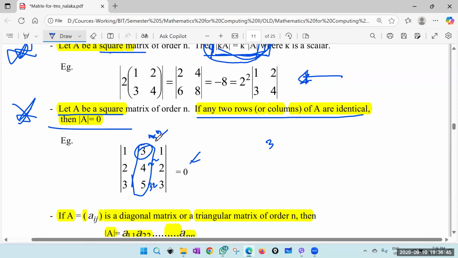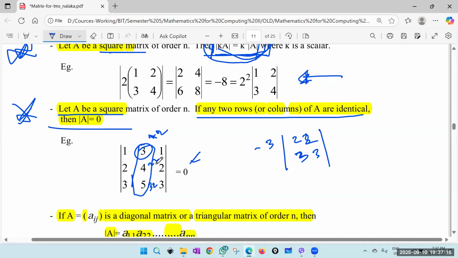So this is odd, 2 plus 1 is 3, that is minus 3 into, when I shade this and this, 2, 3, 2, 2, 3, 3, because I have shaded this.